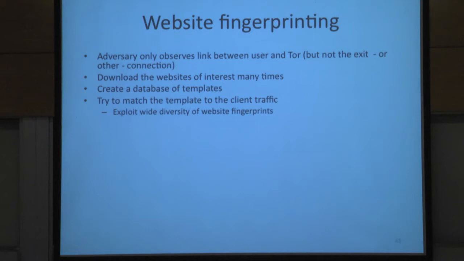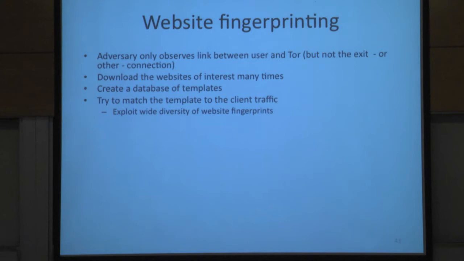The strategy of the adversary here is that it would somehow make a database of website templates. So as adversary, if I want to know if you're going to Facebook, for example, what I would do is connect to Facebook through Tor many times, make some sort of template of how the traffic that comes back looks like in terms of volume, in terms of traffic shape, and all of that, and then observe your communication.